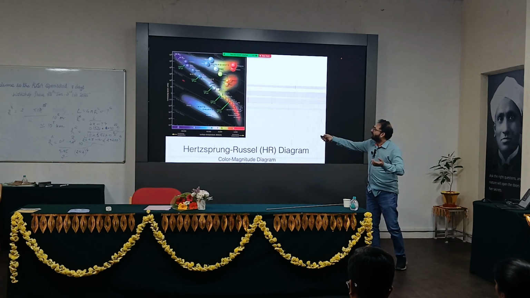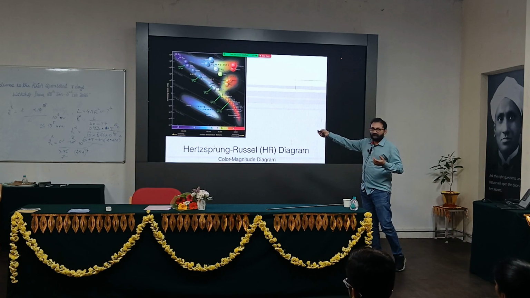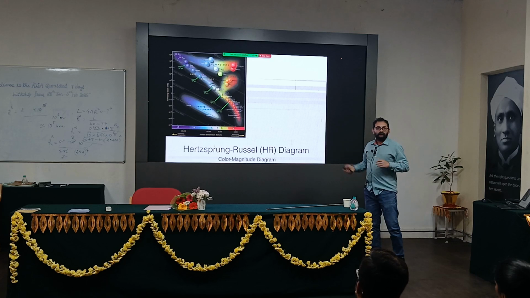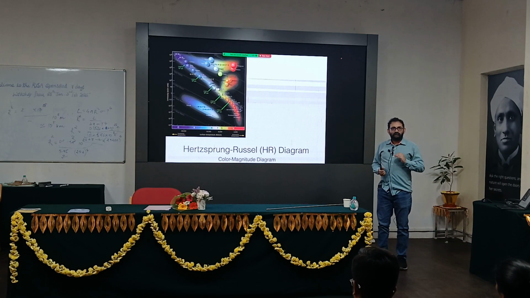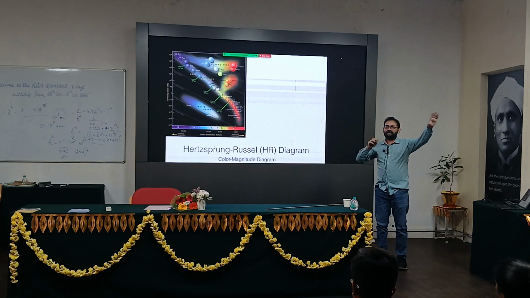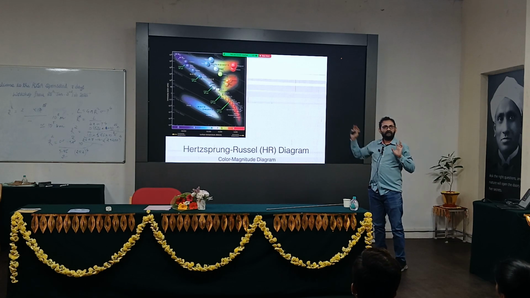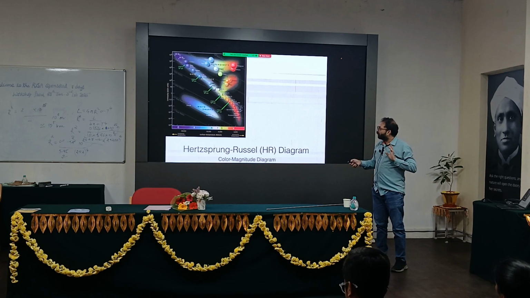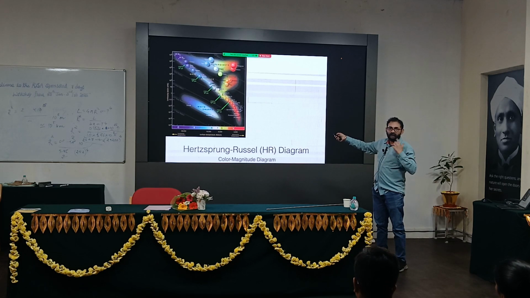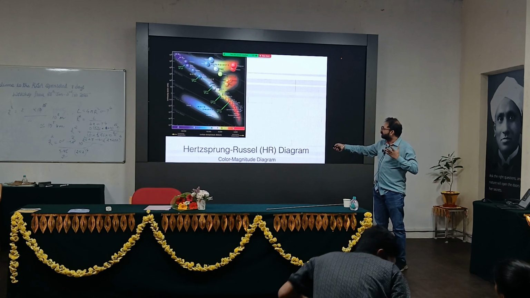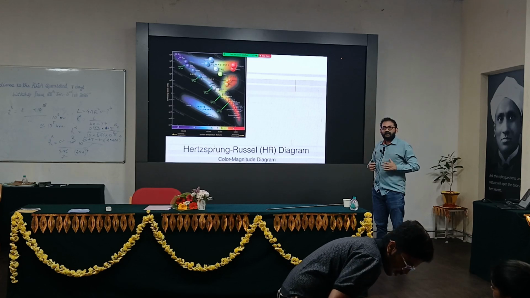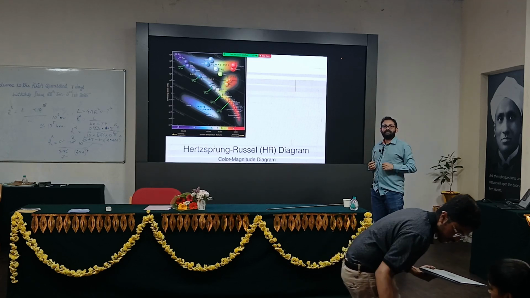I would say the other way around, the luminosity is higher and the temperature is cooler. So you just have to play with this L, T, R, and then you will know where to put which star on the HR diagram. And if you see that the star's radius is higher and luminosity is higher, but its temperature is lower, that means the star has evolved.